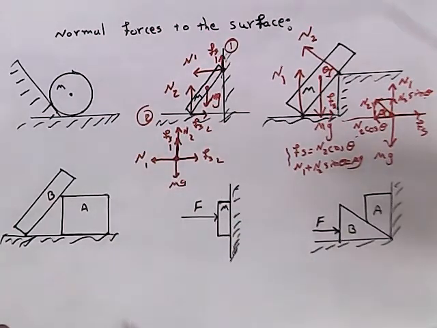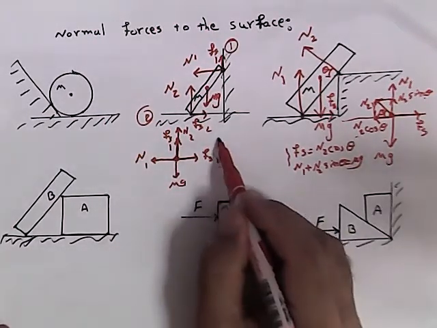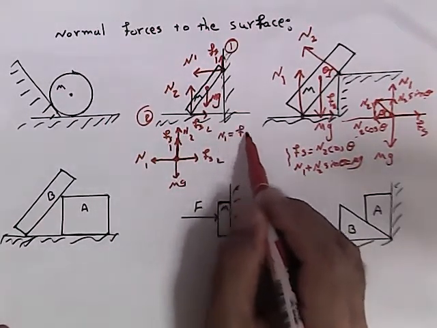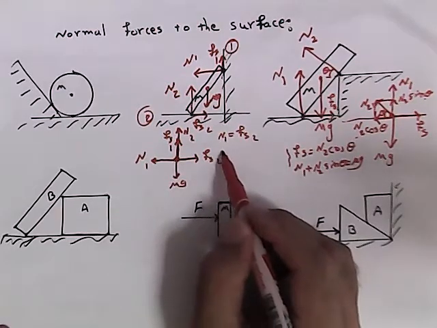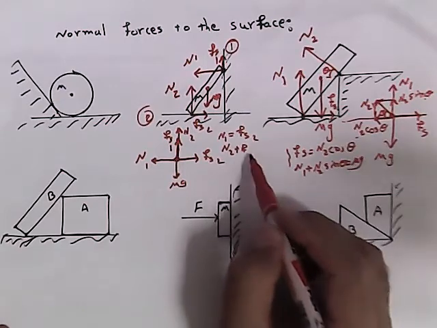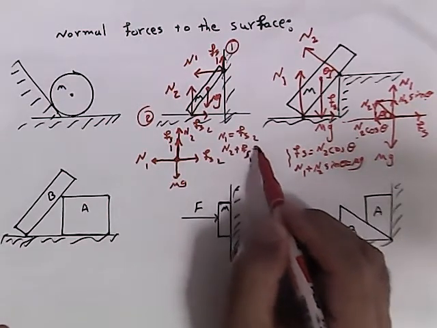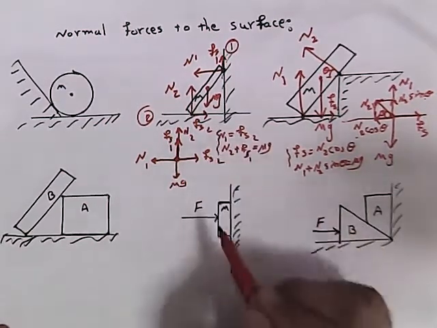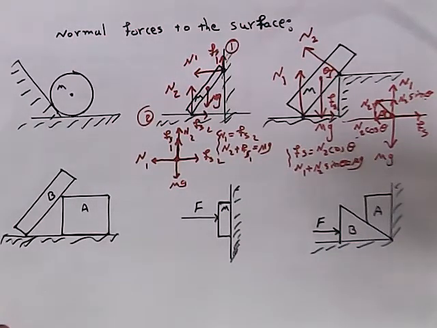They have to cancel each other. We can write down N1 equals Fs2, and N2 plus Fs1 is Ng. This becomes the equation for this.